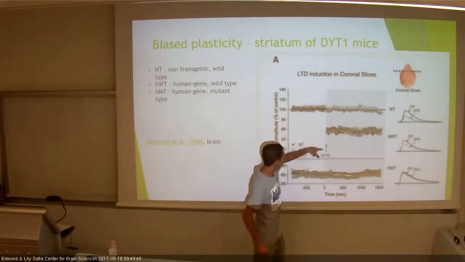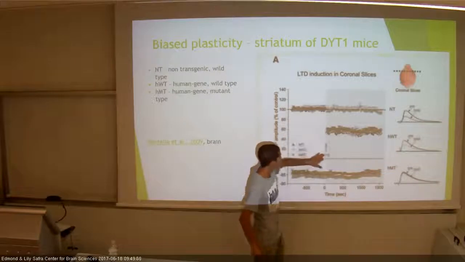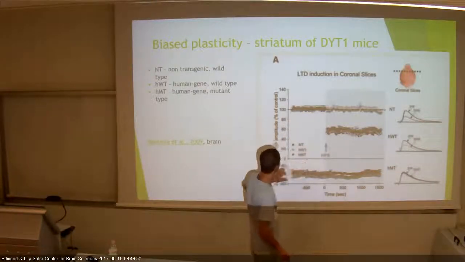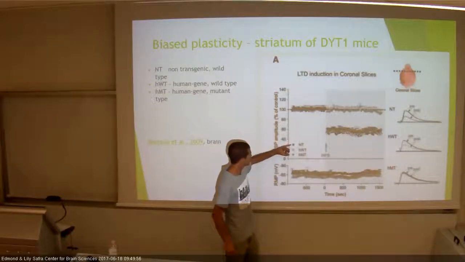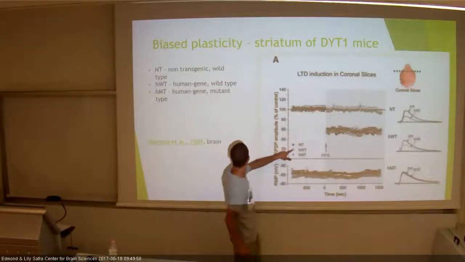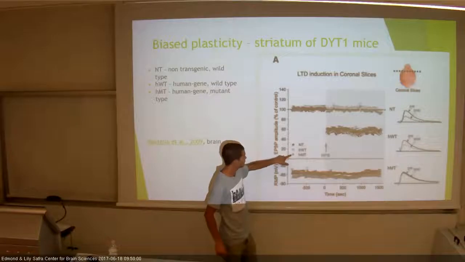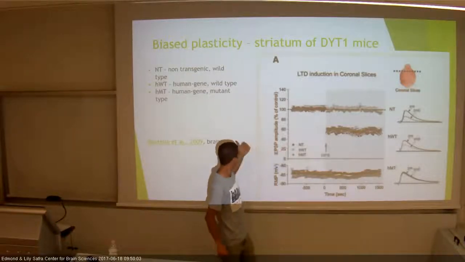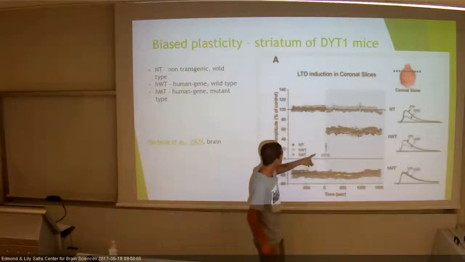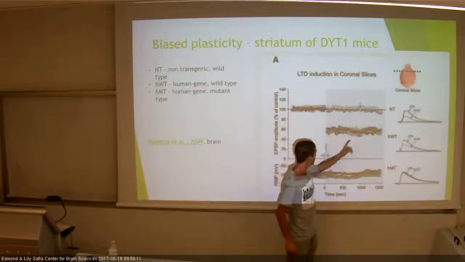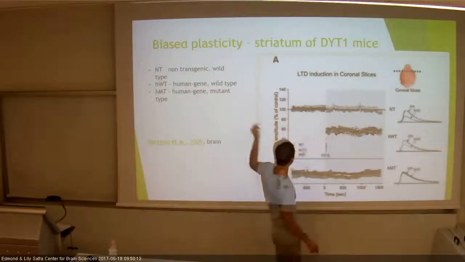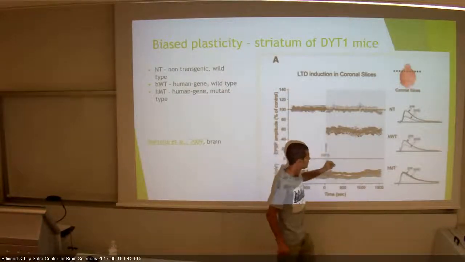Here they're trying to induce long-term depression using some high-frequency stimuli. The black dots are the wild type, and the white dots are the wild type with the human gene, while the gray dots are the mutated mice. You can see here that after they try to induce the depression, the control group is affected, but the mutation group isn't.